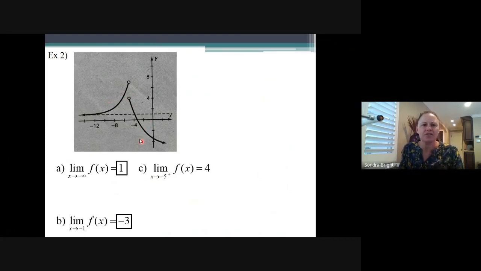Now, it's important to point out that there's an open dot there. So your y value isn't actually 4 when x is negative 5 here. The function's value is not equal to it because I've got an open dot there. But it's getting closer and closer to that.